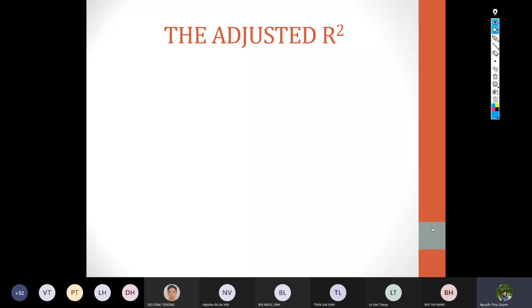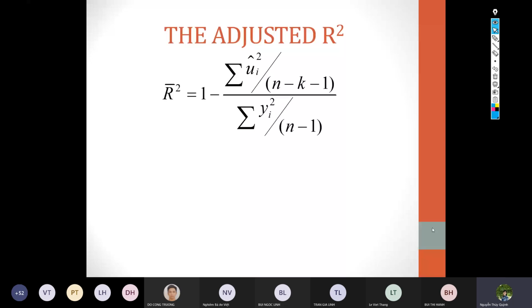So in that case, we must use another coefficient of determination, the adjusted R square, and we denote it as R square bar. R square bar is just the coefficient of determination with the adjustment for the degrees of freedom of the sums of squares.